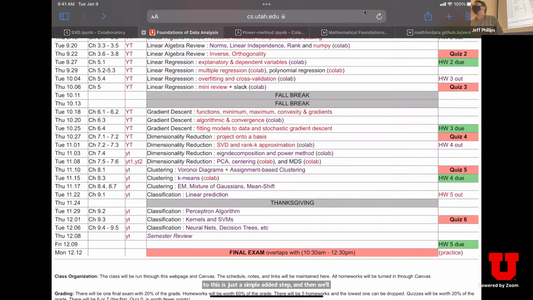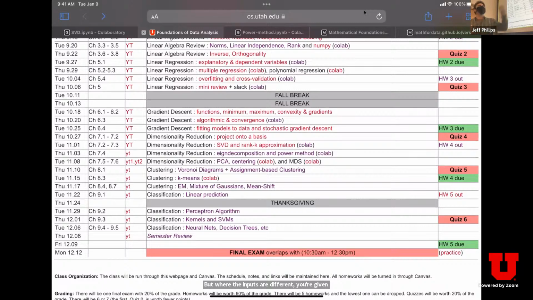And then we'll also hopefully look at another technique called multidimensional scaling. Multidimensional scaling can be thought of as a version of dimensionality reduction, but where the inputs are different. You're given distances instead of just a high dimensional point set.